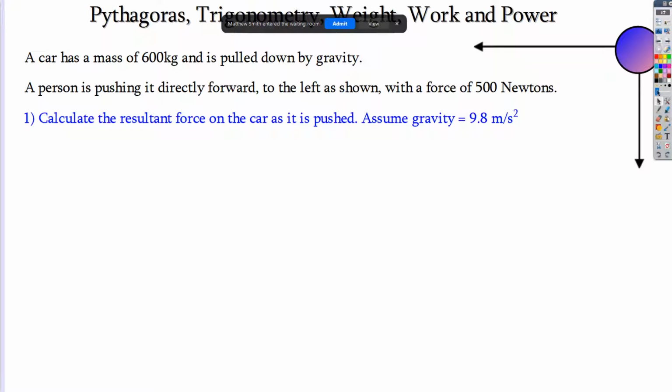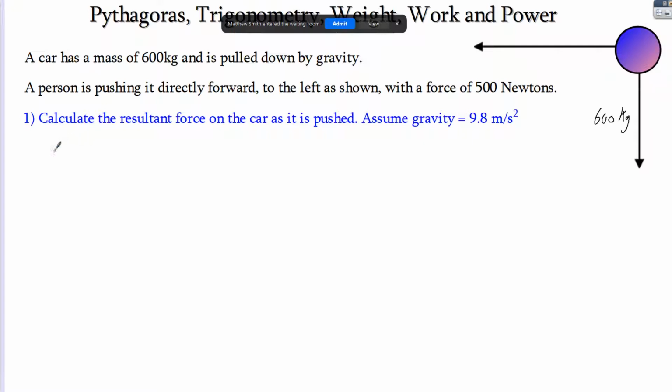So the resultant force. So we've got 600 kilograms is the mass of the car, but we need to find the weight of the car, the force. I'll just make that pen a bit bigger.